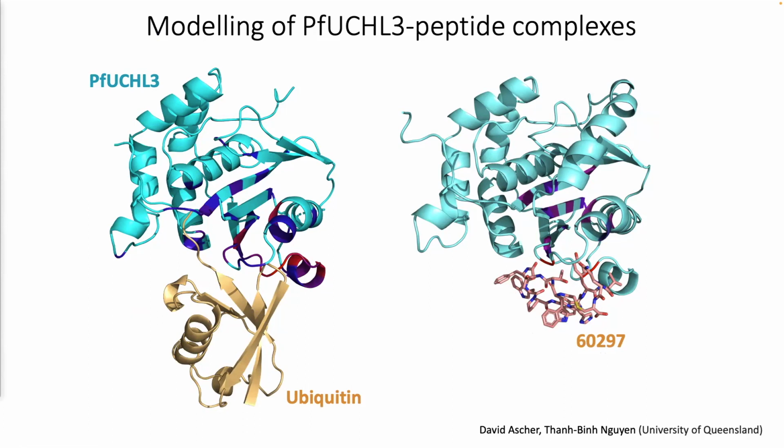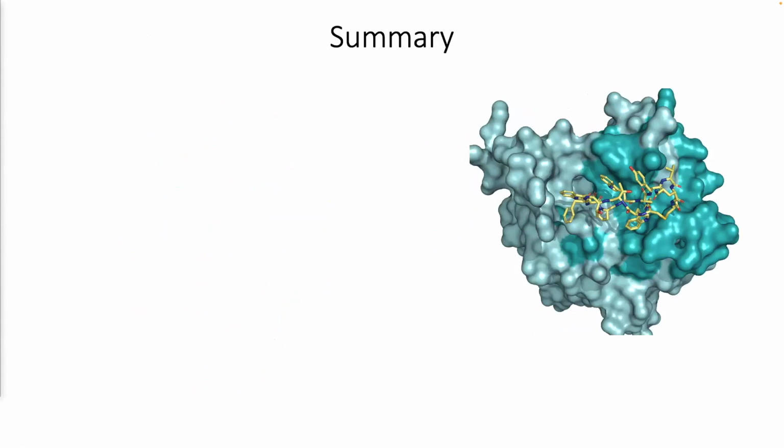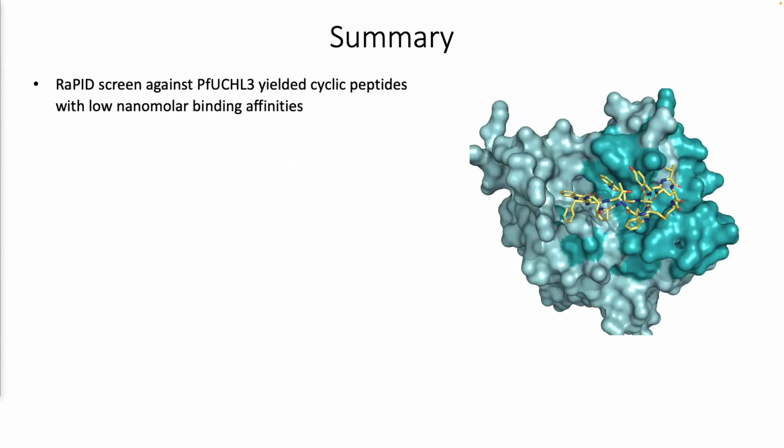So to summarize, we were able to use a rapid screen against Plasmodium UCHL3 to identify cyclic peptides with low nanomolar affinity for the protein. Four of these peptides selectively inhibited the Plasmodium protein versus the human protein.